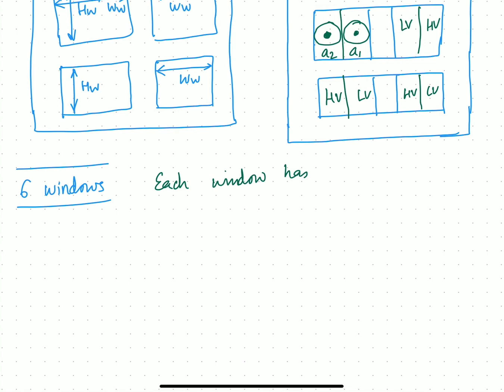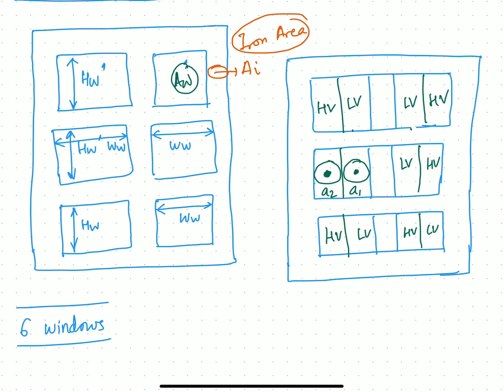So if this is window 1, 2, windows 1 and 2 will carry the LV and HV winding of phase A, 3 and 4 will carry the windings of phase B, 5 and 6 will carry the windings of phase C.